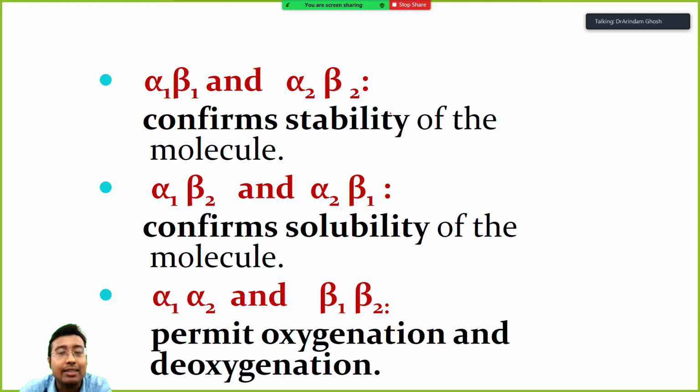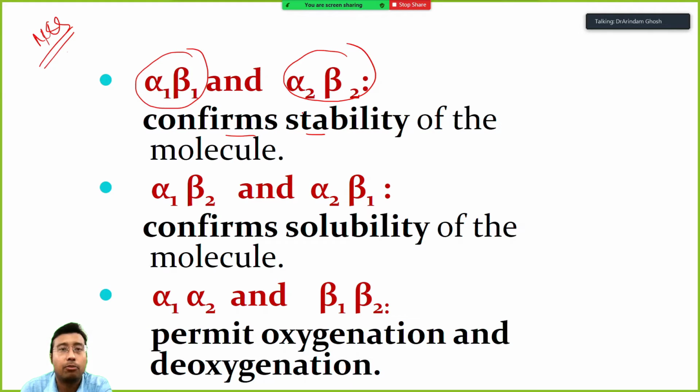It's because these two alpha and beta, again a very important slide for MCQ, can work in permutation and combination. They actually govern multiple functions. When we are considering alpha 1 beta 1 and alpha 2 beta 2, they confer stability of the molecule.